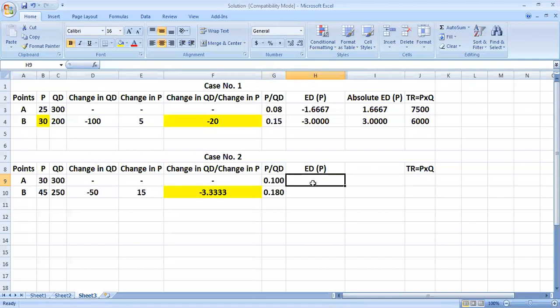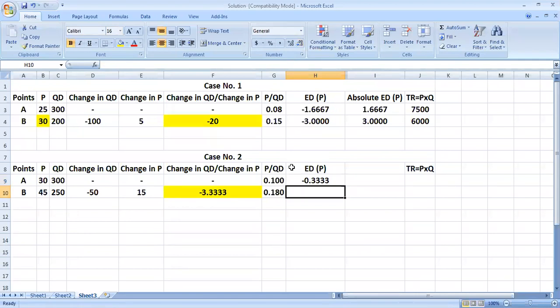Okay, let's find out price elasticity of demand. It is change in quantity demanded divided by change in price, multiplied by price over quantity demanded at point A. It is minus 0.3333.